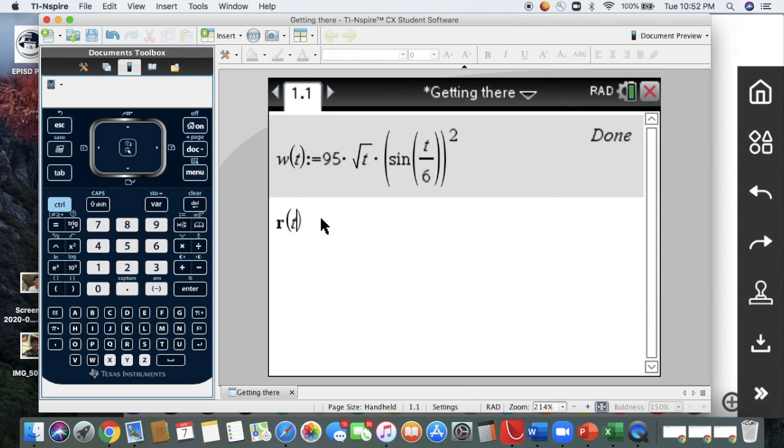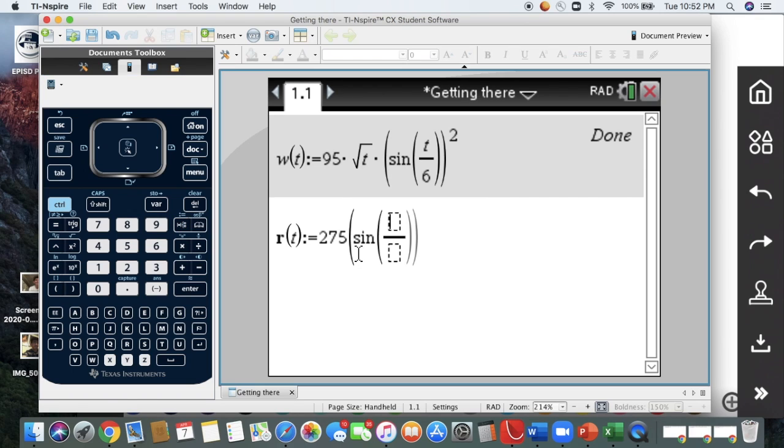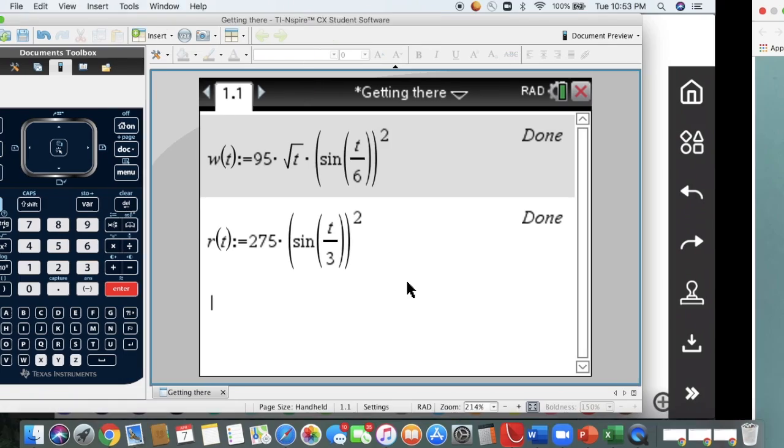So it's going to be R of t colon equals 275 parentheses sine, parentheses sine of t over 3 squared. And now you have your two definitions, W of t, your rate in, and R of t, your rate out. And so now you can actually start answering the questions.